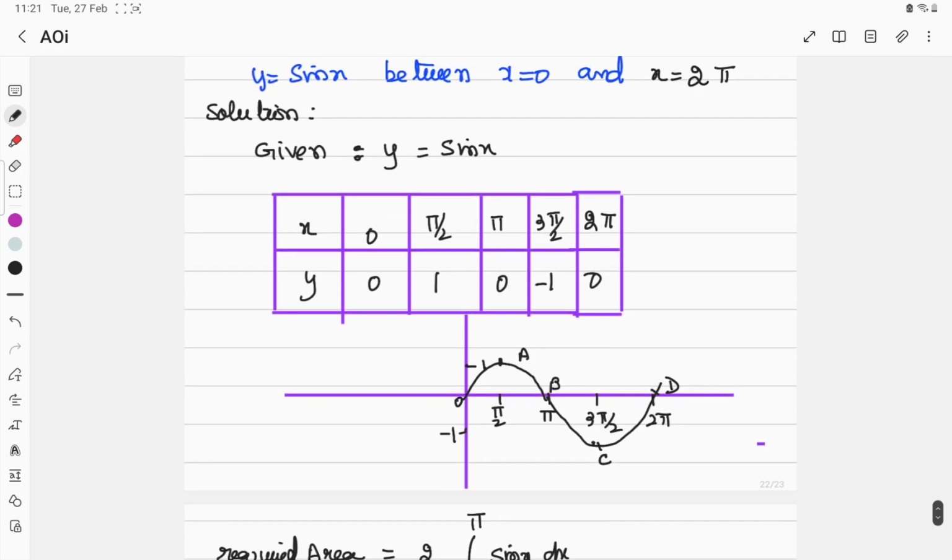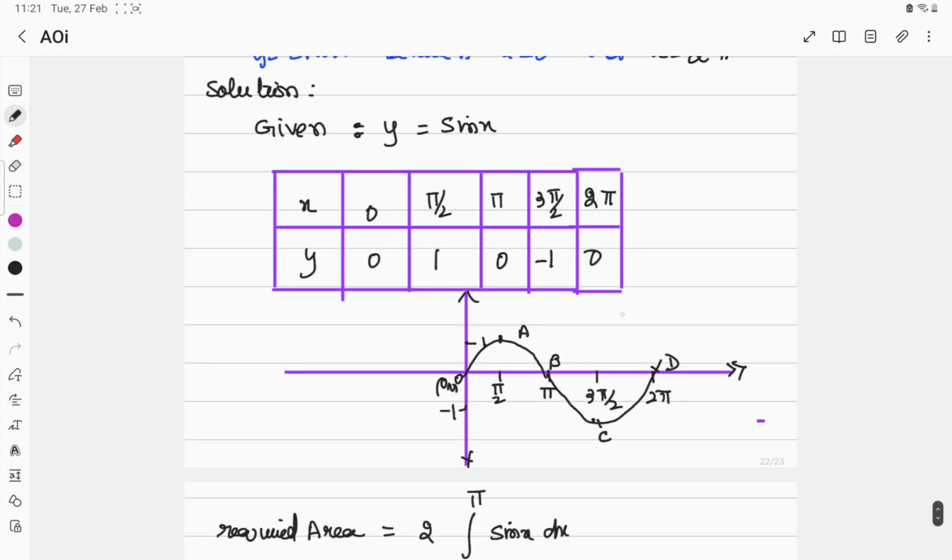So draw the graph. 0, pi by 2, pi, 3 pi by 2, 2 pi like that. This is a sine curve, y is equal to sin x.